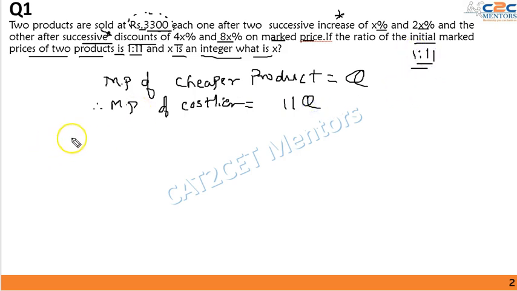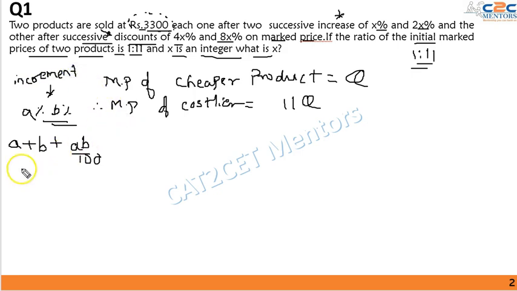Now moving on, we discuss the formula for successive increase. For successive increase, the formula is A plus B plus AB by 100 when the increases are A% and B% in any order.